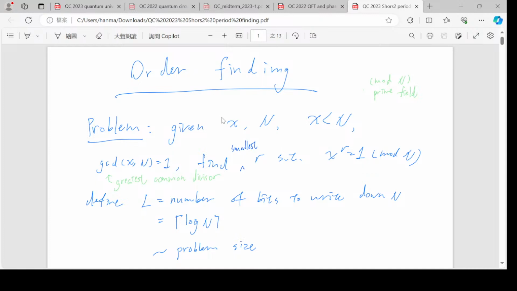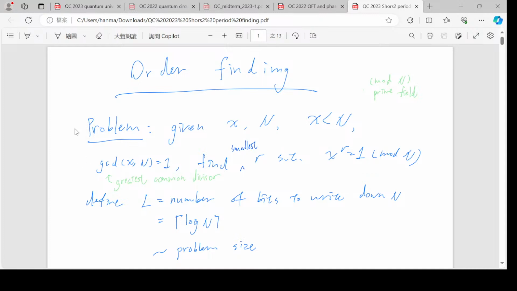It says that you are given two integers x and n, where x is smaller than n. You can think of n as the number that you want to factor. So n is some large number for which it's hard to find its factors, and we guarantee that the greatest common divisor of x and n equals 1. That means x and n don't have a common factor, and we want to find the smallest r such that x^r equals 1 mod n.